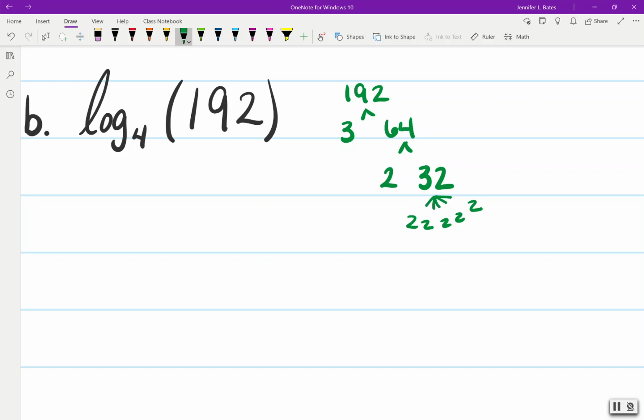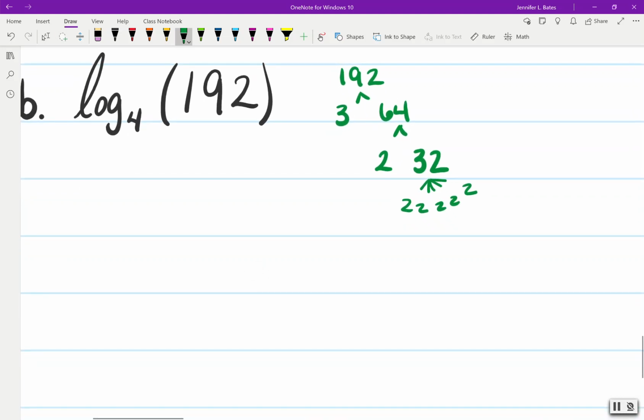So now if I want to rewrite 192, I should rewrite it like this. Log base 4 of 2 to the what power? How many 2's were there? Show me on your hand. Good. It broke into 6 and a 3. Okay, so I've broken down 192.